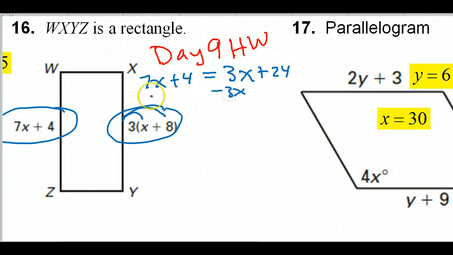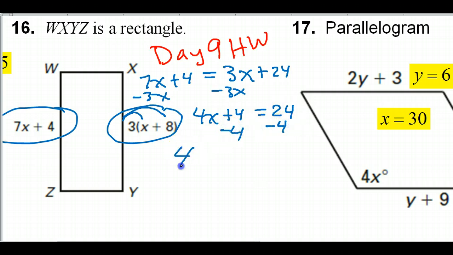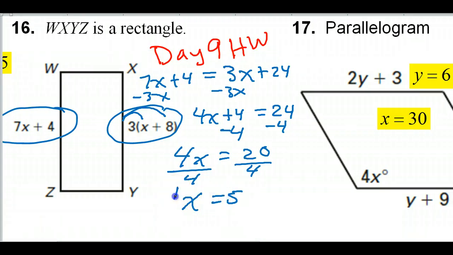If I subtract 3x from both sides, that gives me 4x plus 4 is equal to 24. If I subtract 4 from both sides, that gives me 4x equals 20. If I divide by 4, that gives me x equals 5. So that's how I got x equals 5 for number 16. Any questions on that?